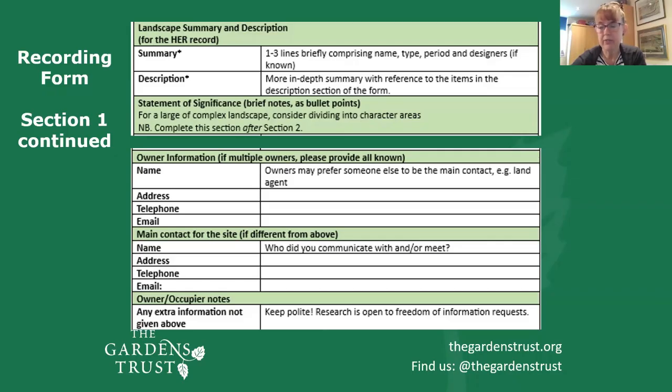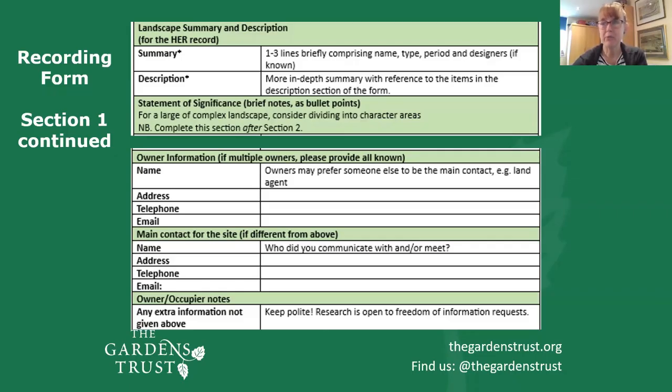The end of section 1 covers the owners and the site manager's information. So the Gardens Trust and the HERs and Historic England have up-to-date contact details, as well as documenting who you have met or had contact with. Any information not covered by the owner or main contact boxes can be added into that last box at the bottom.